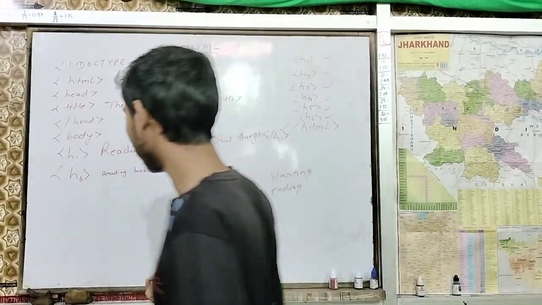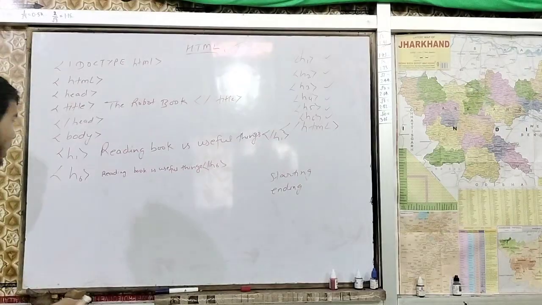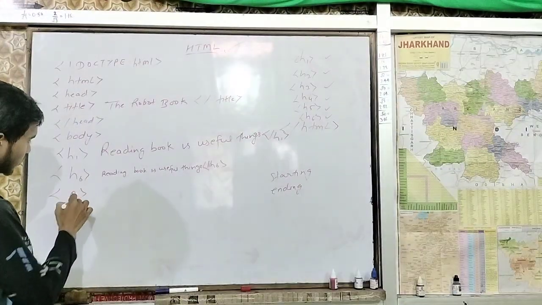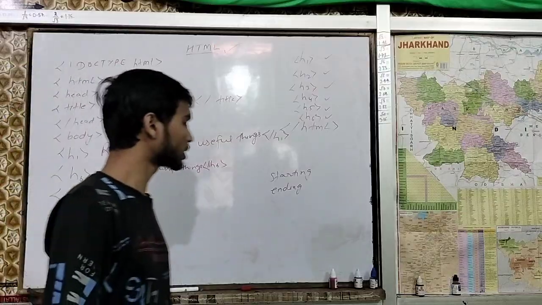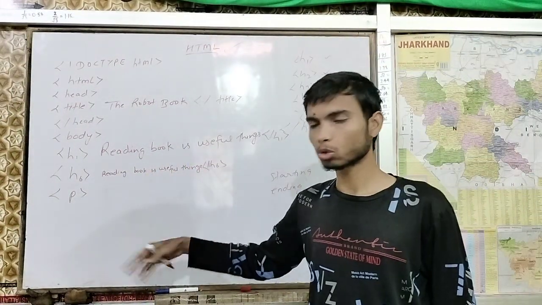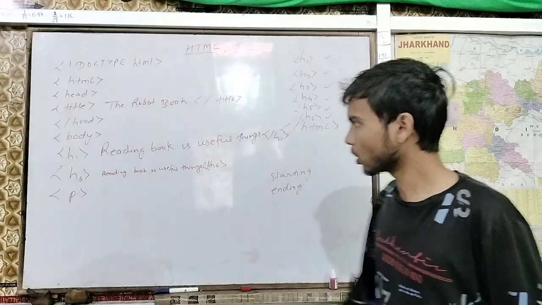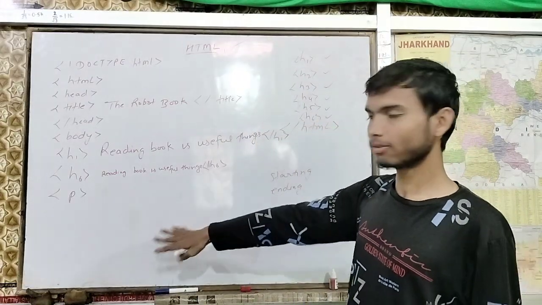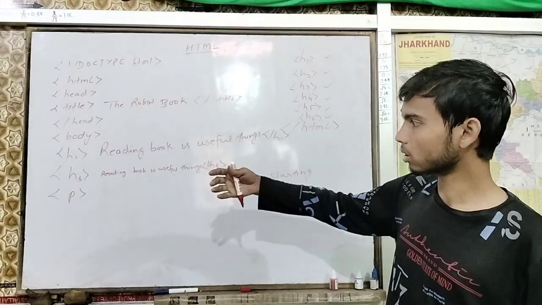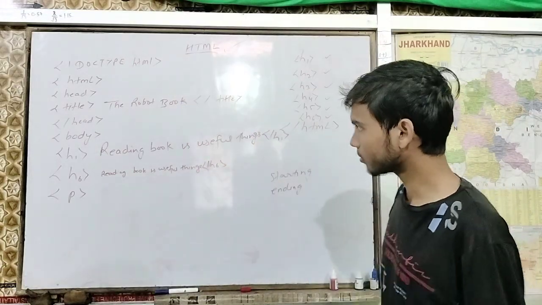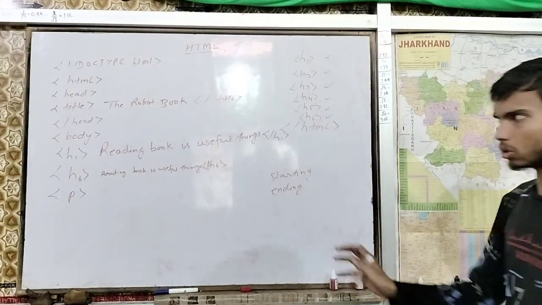Now let's say what the next tag should be. The next tag you have is the paragraph. Remember, all these tags should be in lowercase. So this is p, okay, p, which stands for paragraph. H stands for heading. Clear? This was short.